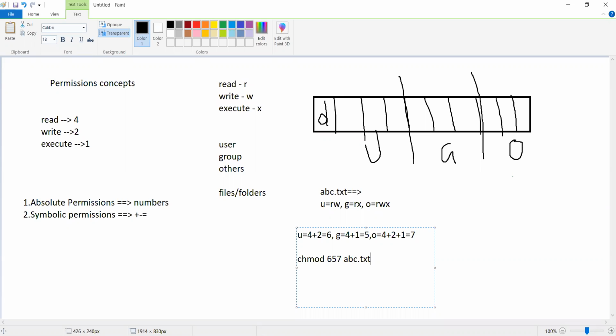This abc.txt would have the permissions: user gets read write, group gets read execute, others get read write execute. This is how we generally allocate permissions, guys. Any questions from anyone till this point?